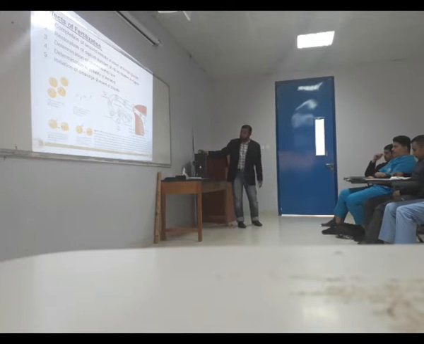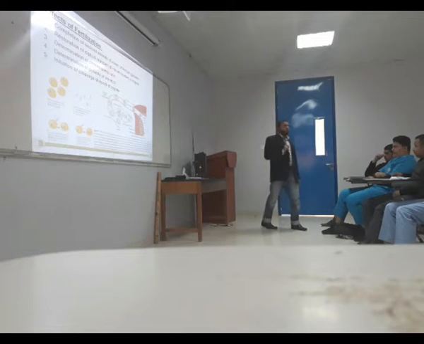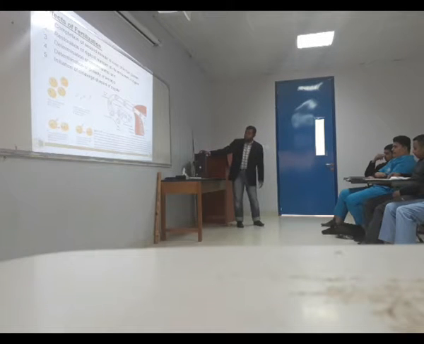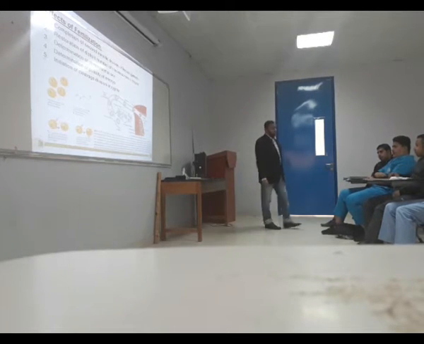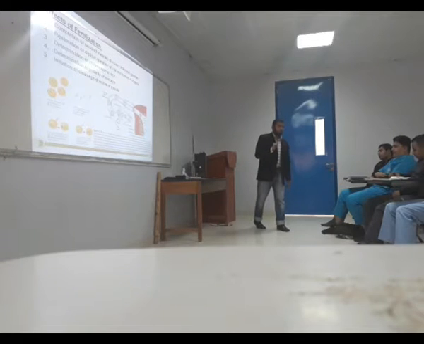In case of the male, half of the sperms carry X and half carry Y. So if this is the ovum, if it is fertilized by a sperm having X chromosome, then it becomes female. If a sperm having Y chromosome fertilizes the egg, it becomes XY, that is the male. So it is mainly the male who determines the sex.